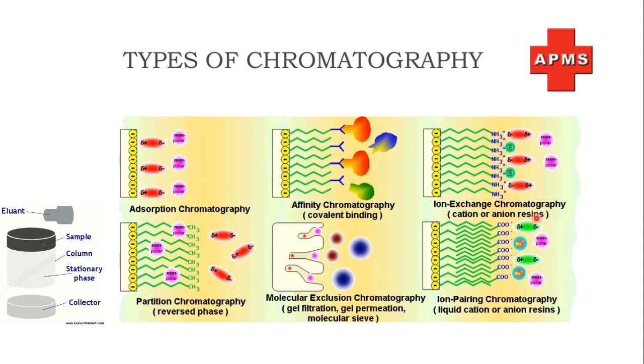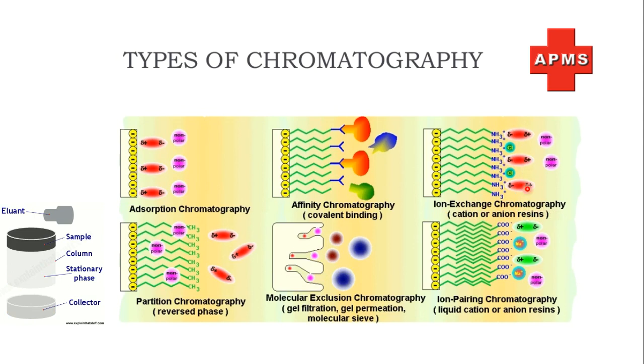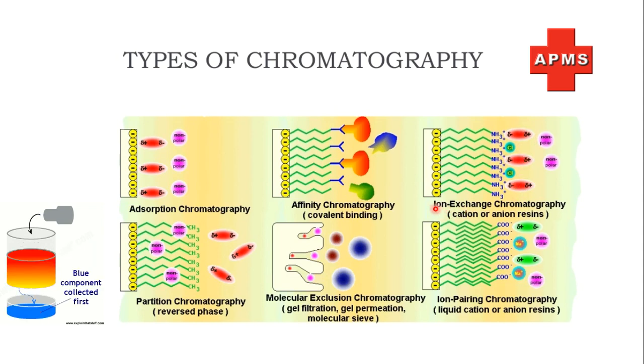These resins, which are generally high molecular weight, contain special functional groups which could be positively or negatively charged. Due to this, they form cationic or anionic resins. So they interact with the sample present in the mobile phase, and due to this ion exchange, they separate or retain different types of molecules differently.